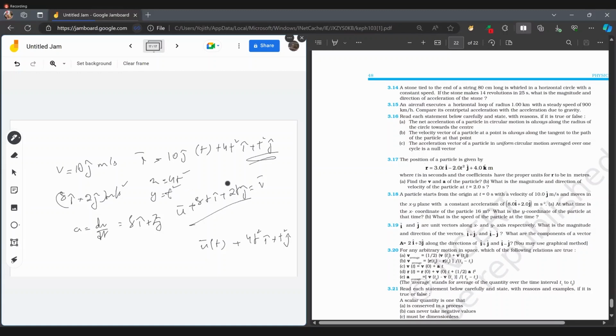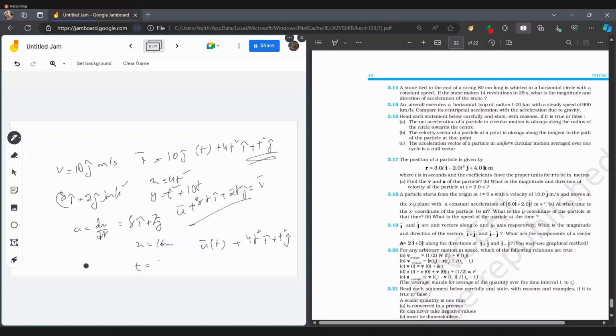So when x is equal to 16 meters, we'll be getting t is equal to root of 16 by 4, which is 2 seconds. And y becomes 10 into 2 plus 2 square, which is 24.